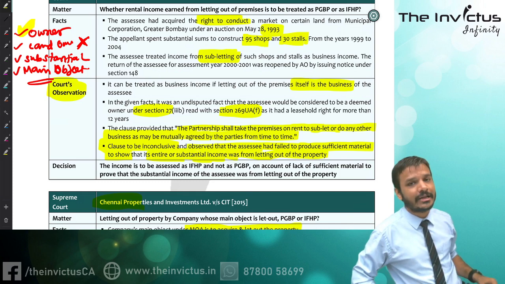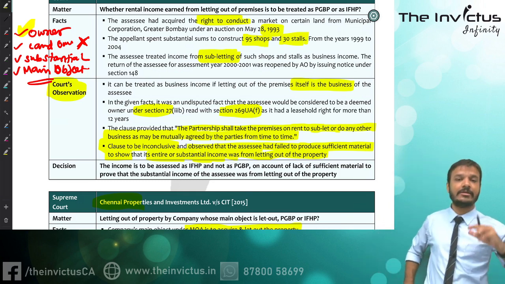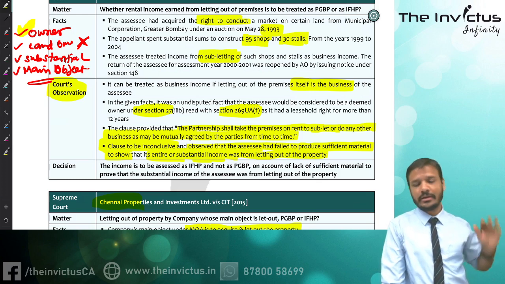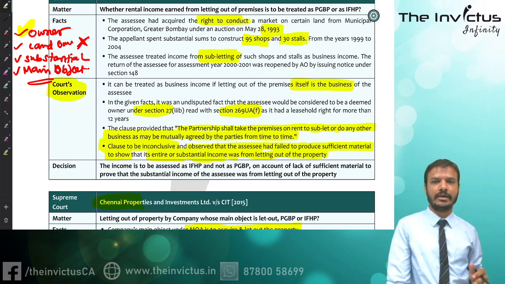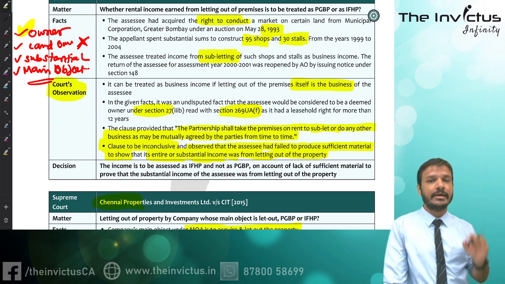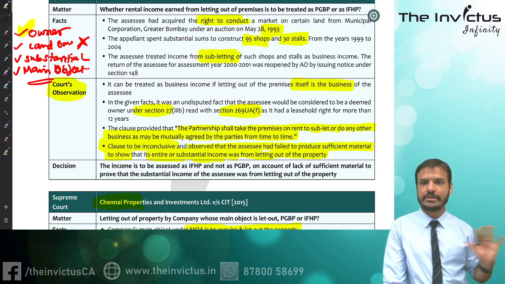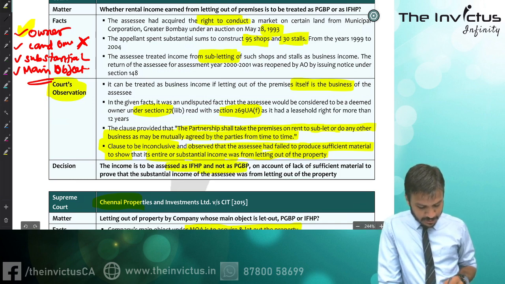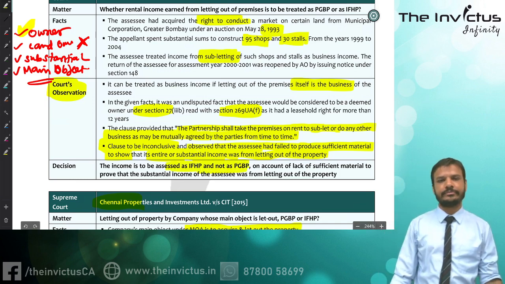So I have said that there must be a main object and your substantial income should be from that particular rental business, right? Then I can say that it is business income. Otherwise it will not be considered as business income. The income is to be assessed as IFHP and not PGBP, right?